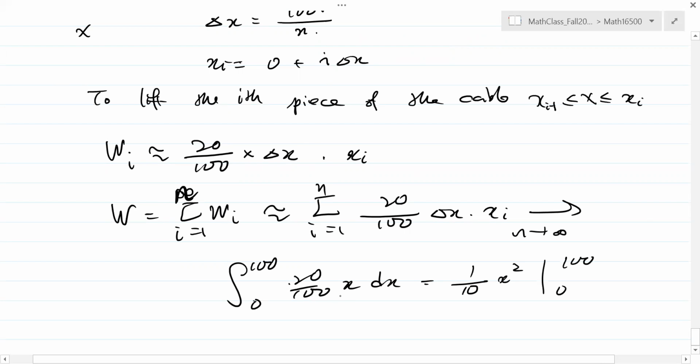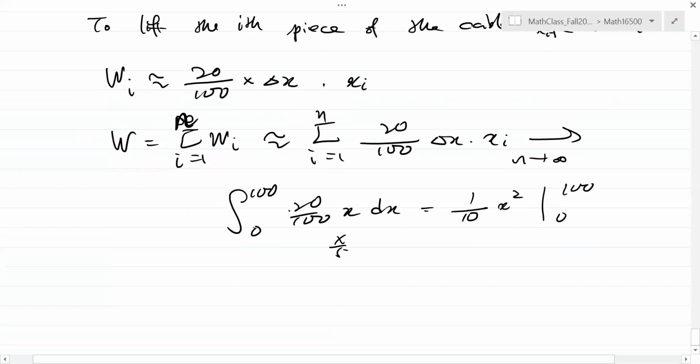After you simplify, this is just x over 5. So the antiderivative will be x squared over 10. So it's going to be 100 squared over 10. It's going to be 1,000 pounds, I think, pounds and feet. That's the unit.